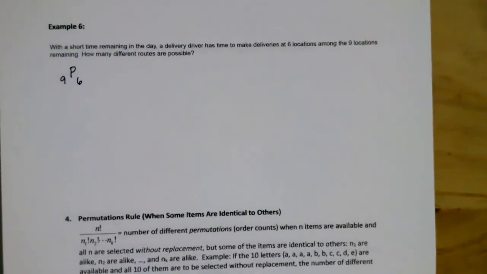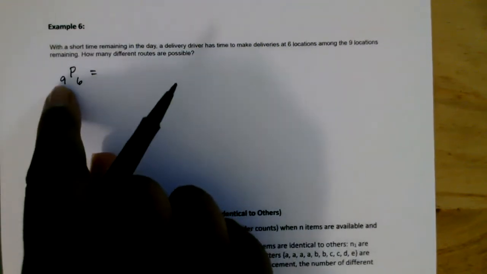So it'd be 9P6. And by the way, the keyword here is different. How many different routes? So that means he's not going to go back to that same route again. Okay. So if I do this by hand, it will be this. The n factorial is the number on the left side.